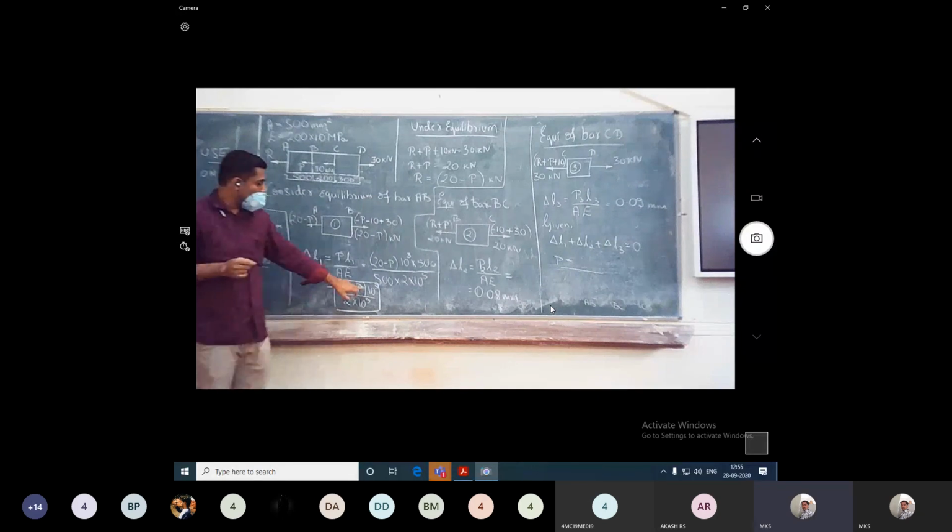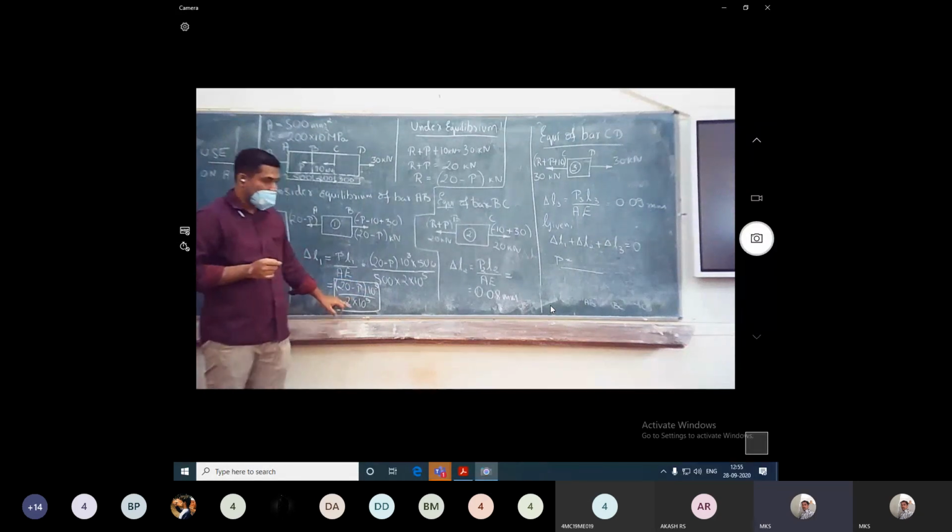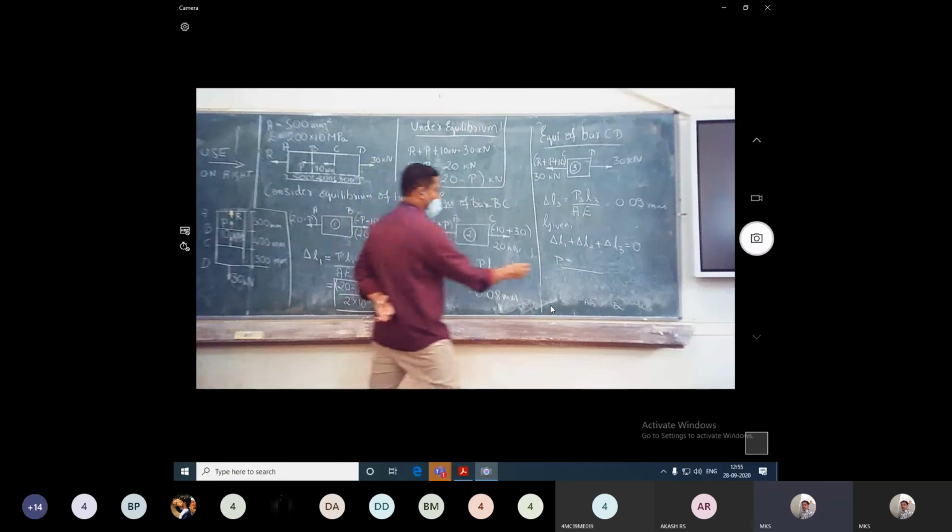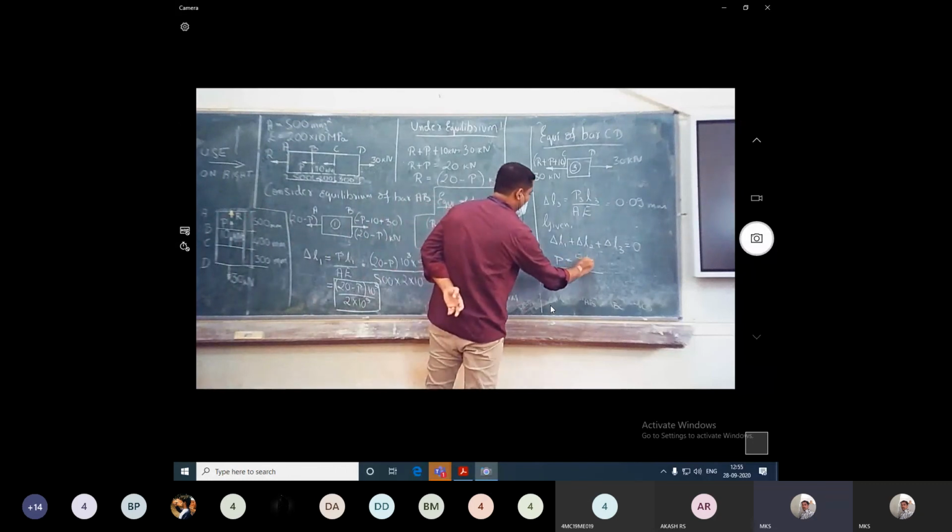It is 20 minus P into 10 power 3. Yeah, P is 54 kilonewtons we get. P is 54 kilonewtons.